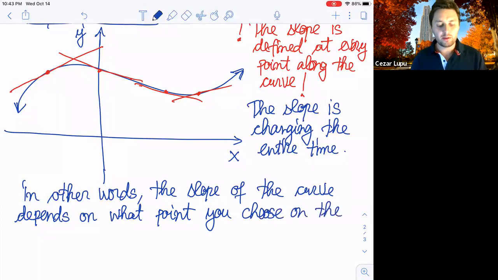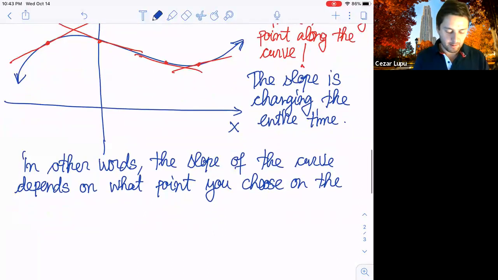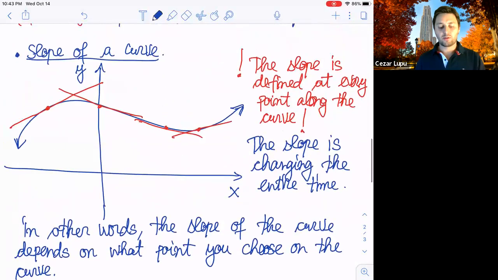So this is how we can interpret this picture. All right, so this is the story with the slope of a curve.